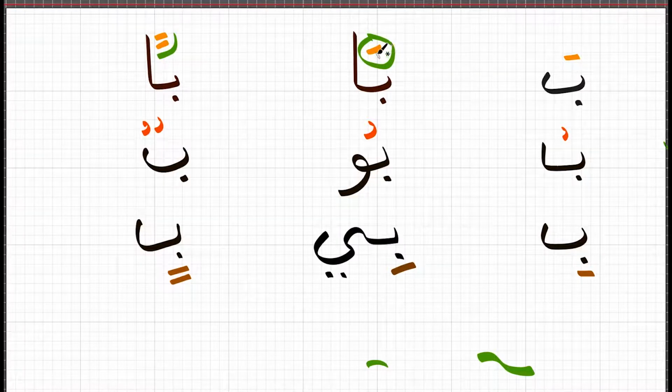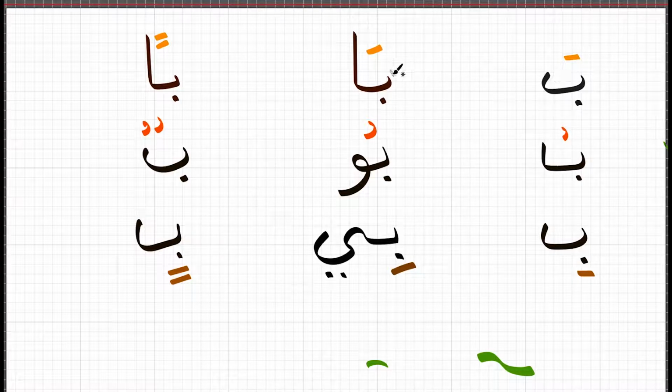When there are two of them, like this, they are called fathatan. The sound these make is n. For example, when I add these to alif and ba, it becomes ben.